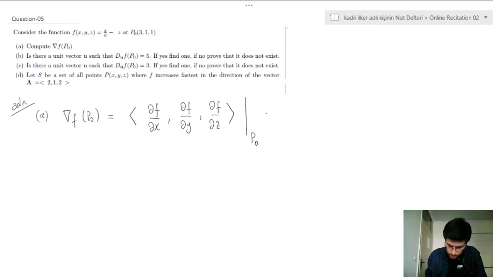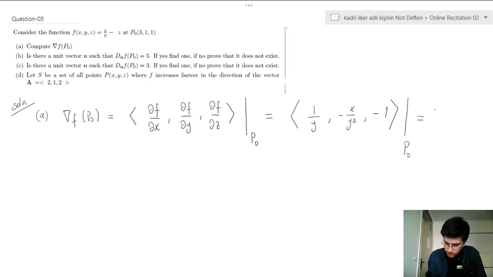But now this is not that hard because f is given. Differentiate this thing with respect to x. Now we have 1 over y. Differentiate with respect to y, something like this. And differentiate with respect to z, which is minus 1. And evaluate it at p0.